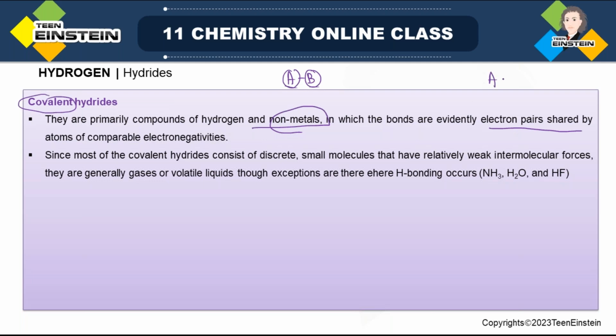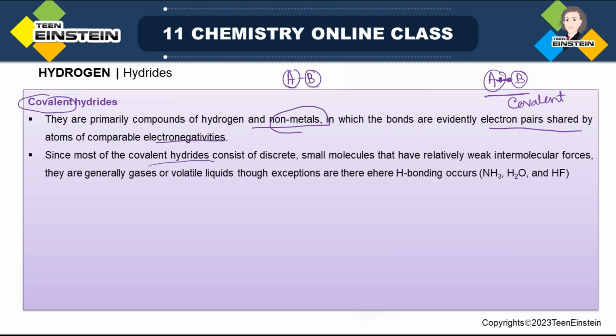But suppose A and B both have electronegativity values very close to each other. In that case it is not that A is giving an electron and B is accepting an electron. It will be equally shared between these two, and that is actually a covalent bond. So here also the same thing. The other element has comparable electronegativity, and they are mostly non-metals, elements from the p block.